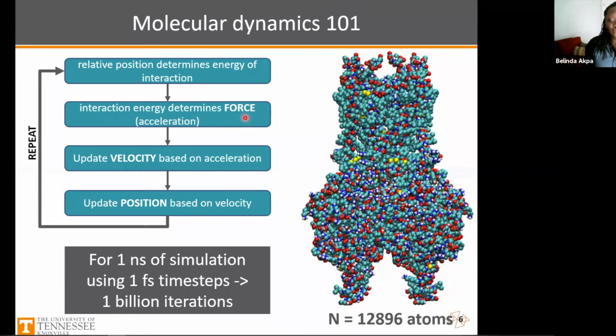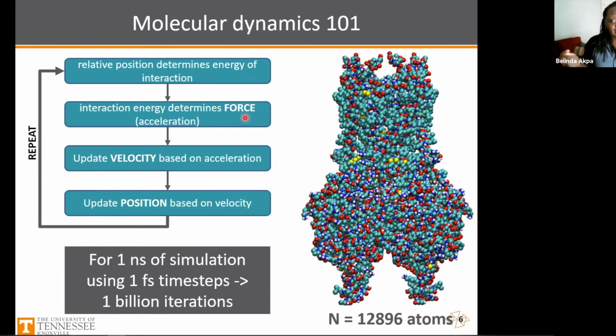So you're looking at femtosecond size time steps, that's 10 to the minus 15. If you wanted to run just a nanosecond of simulation, that's already doing a billion iterations of this set of calculations. So these kinds of computational simulations are very computationally expensive, and that limits the size of the simulation as well as the time scale that you're actually able to simulate.